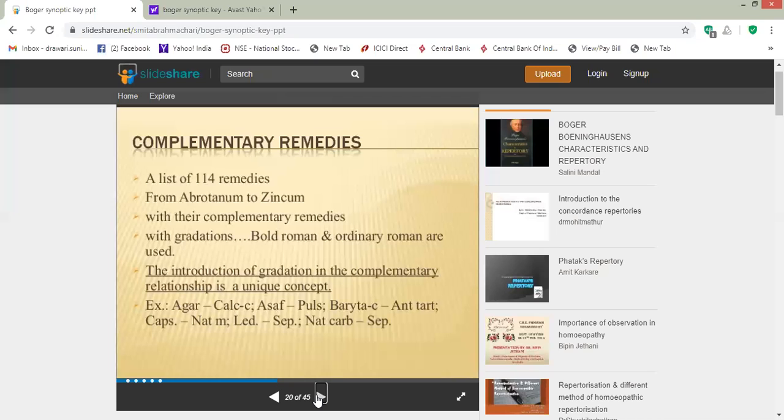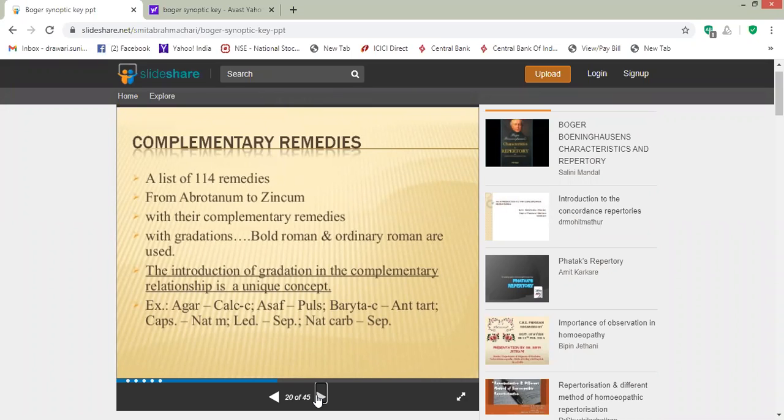The introduction of gradation in the complementary relationship is a unique concept, for example Agaricus calcarea carb, Asafoetida pulsatilla, Baryta carb, Antim tart, Capsicum natrum mur, Ledum sepia, Natrum carb and sepia.